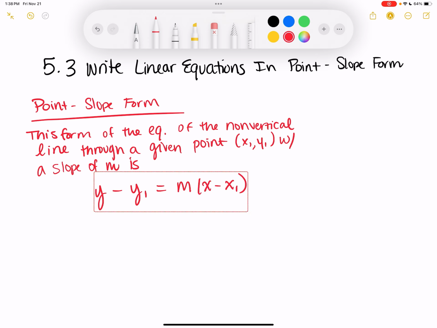So the y and the x that don't have a subscript on them stay as they are. They stay as a y and an x. The other ones that have the ones on them get replaced.